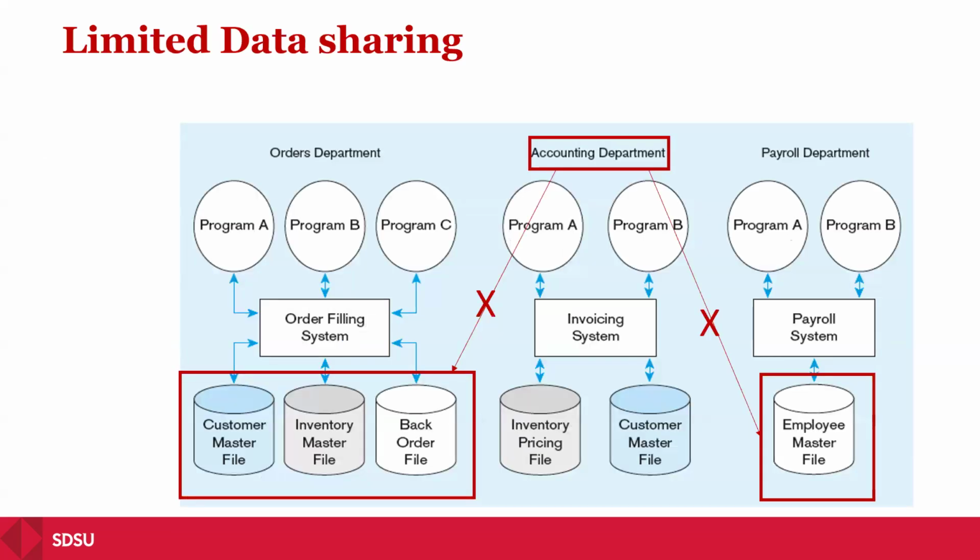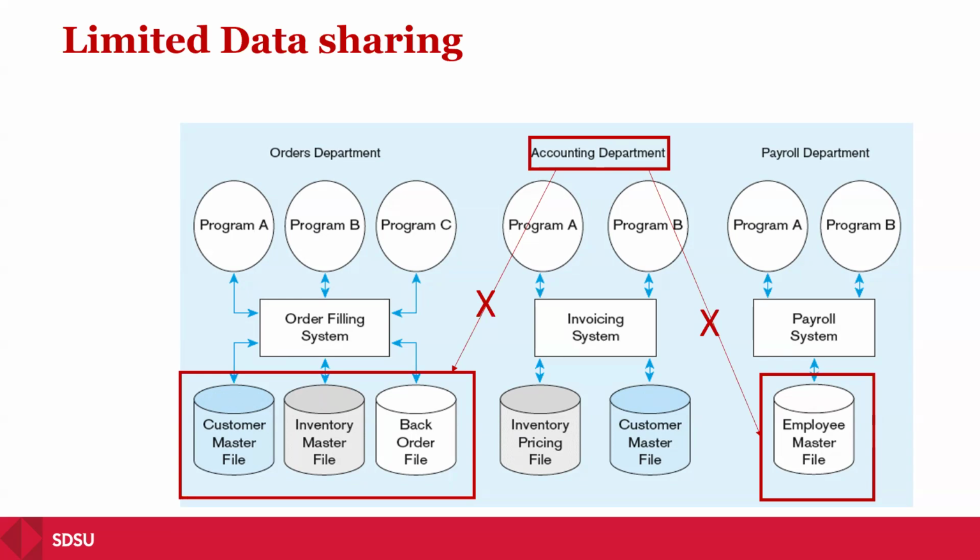Limited data sharing is self-explanatory. That's when departments don't share the data with each other. For example, when the accounting department needs an employee master file, it cannot simply use the same file the payroll department is using, because processing routines and processing systems are different.